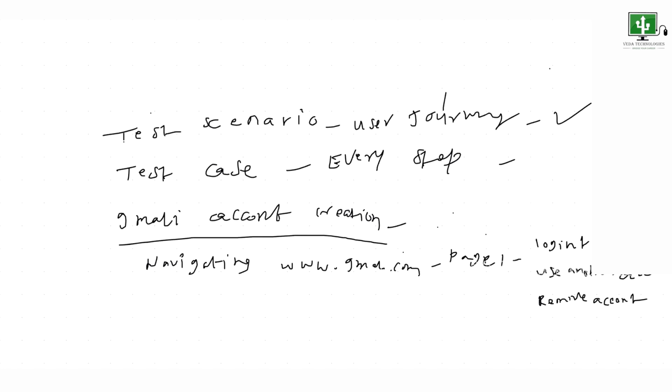In every screen, whatever application you are going to work on, you will have a few web elements, or fields, you can say. The very first thing is called a text box. What is a text box?